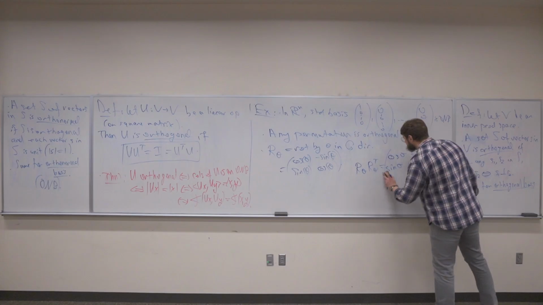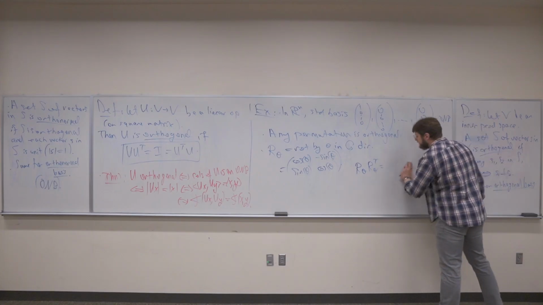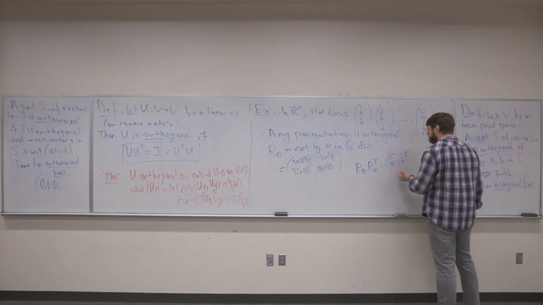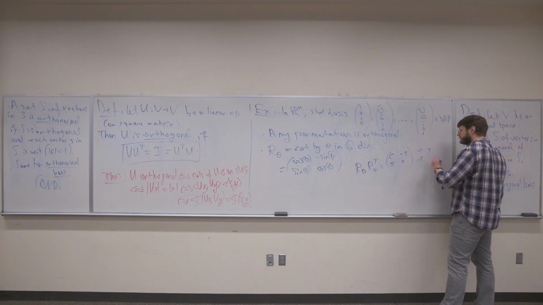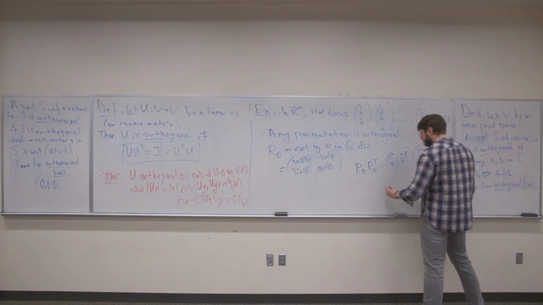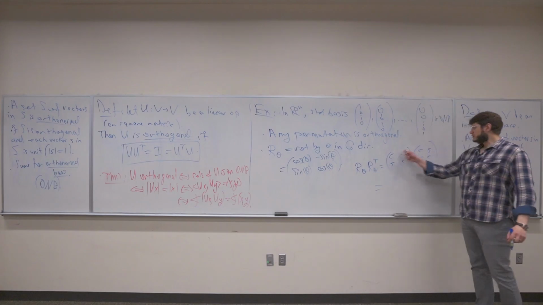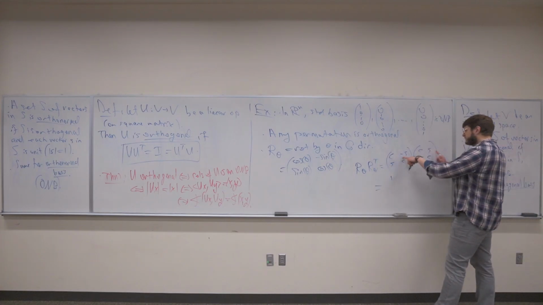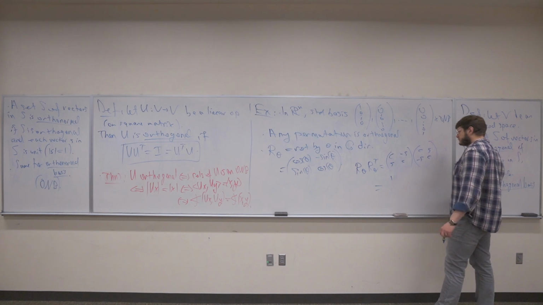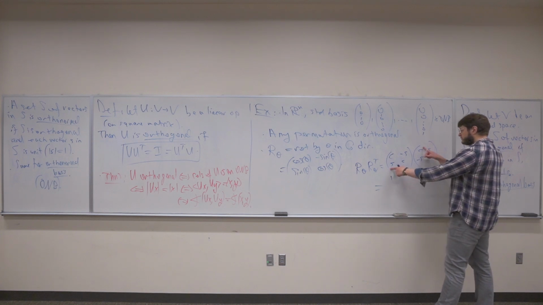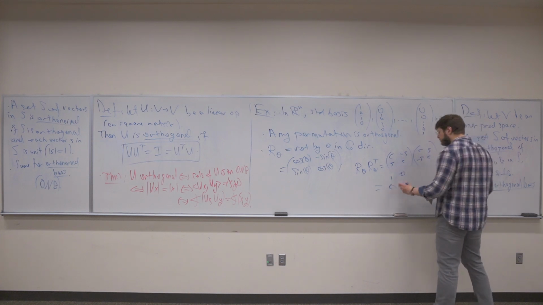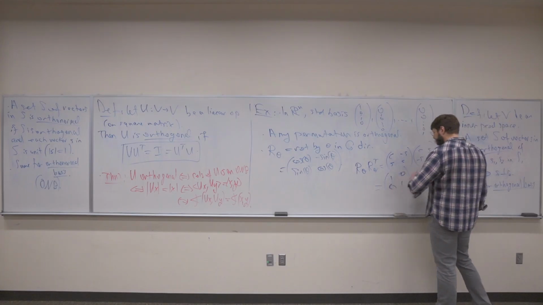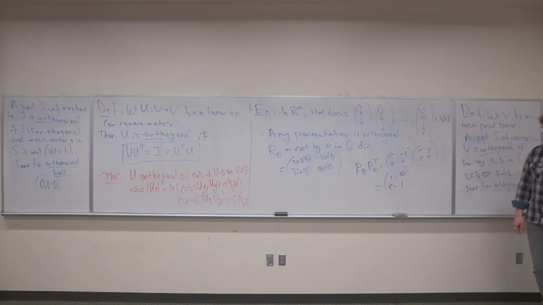In fact, I'll write this as C, minus S, S, C, times C, S, minus S, C, to abbreviate. Okay. C squared plus S squared is 1. CS minus SC is 0. CS minus SC is 0. S squared plus C squared is 1. Okay? So these are orthogonal.